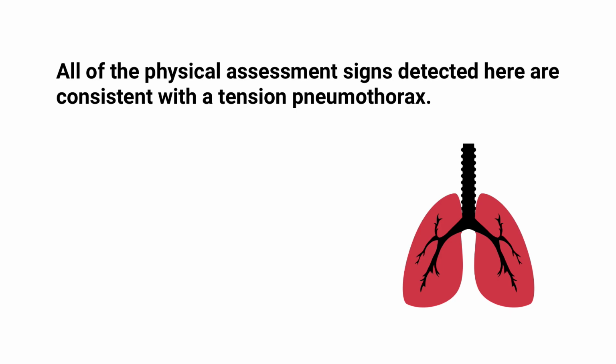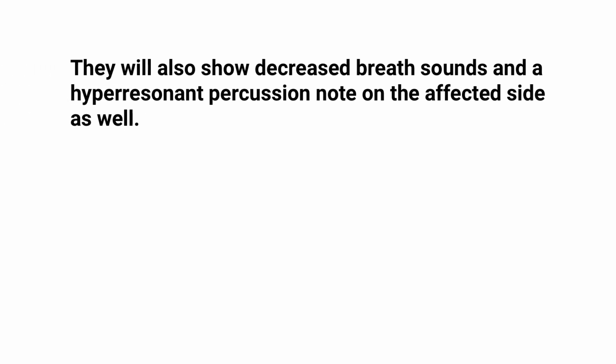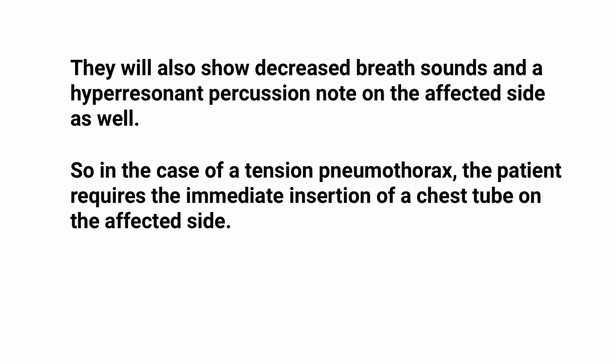And remember, patients with a pneumothorax will typically show tracheal deviation away from the affected side. They will also show decreased breath sounds and a hyperresonant percussion note on the affected side. So in the case of a tension pneumothorax, the patient requires the immediate insertion of a chest tube on the affected side.